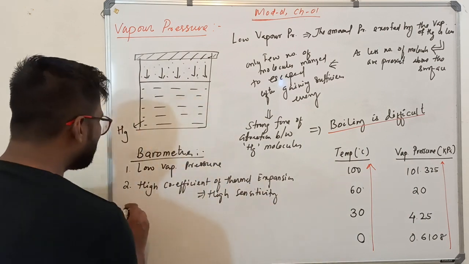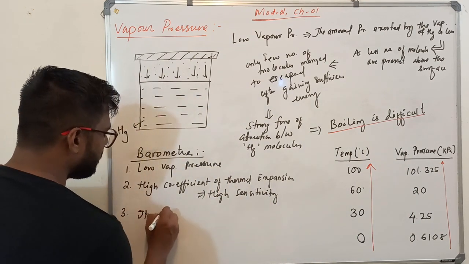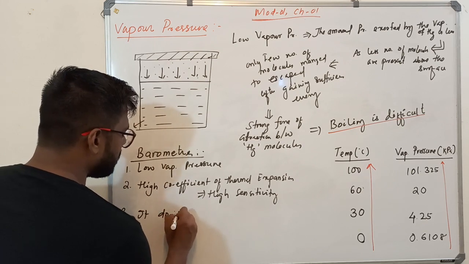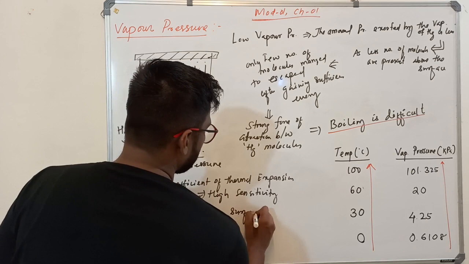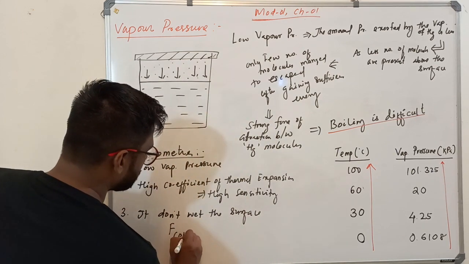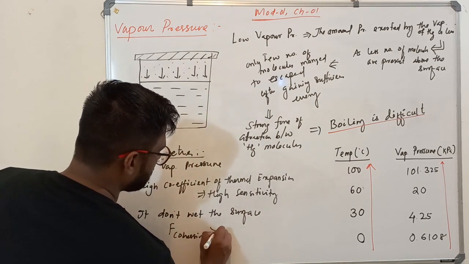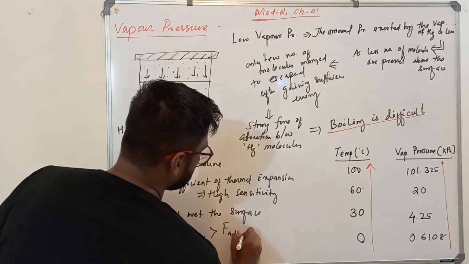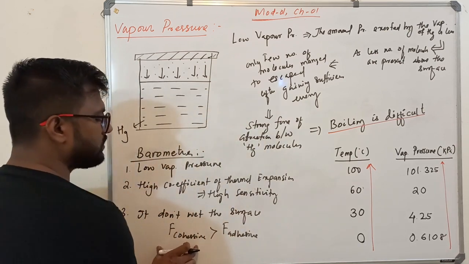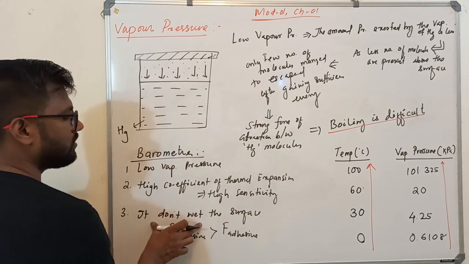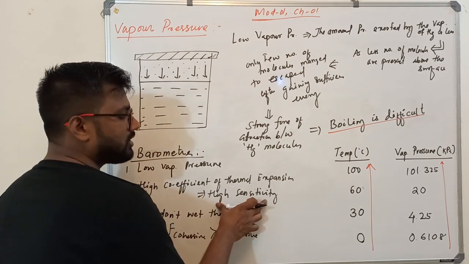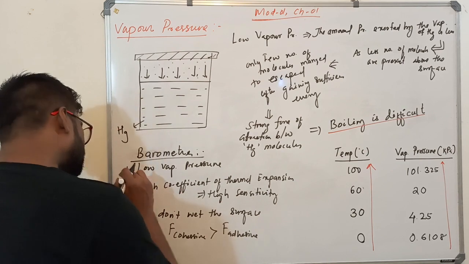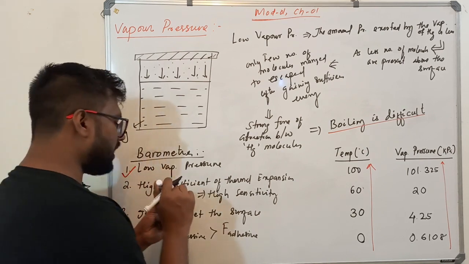Third, it does not wet the surface, because the cohesive forces are greater than the adhesive forces. Because the cohesive forces are greater than the adhesive forces, it does not wet the surface. But what is the primary reason it is used in a barometer?